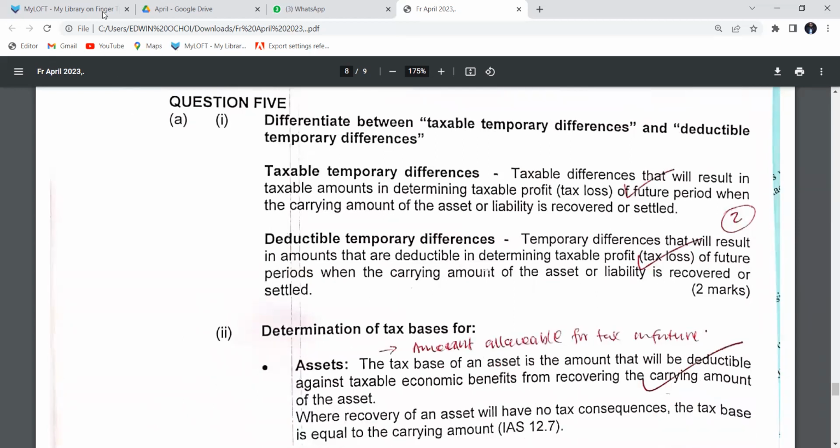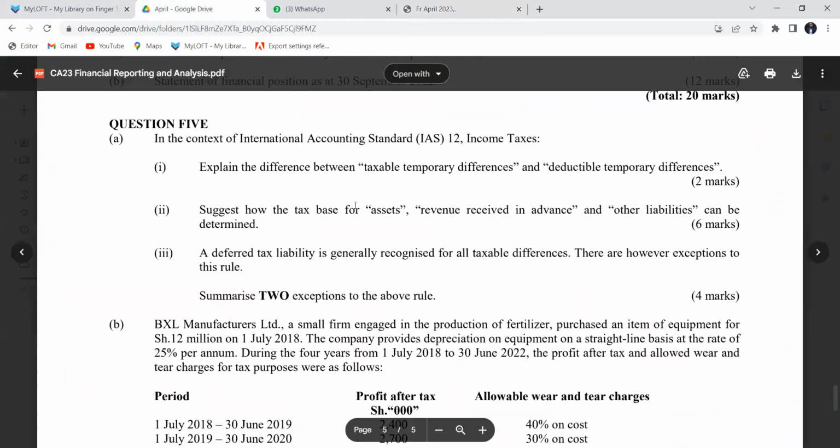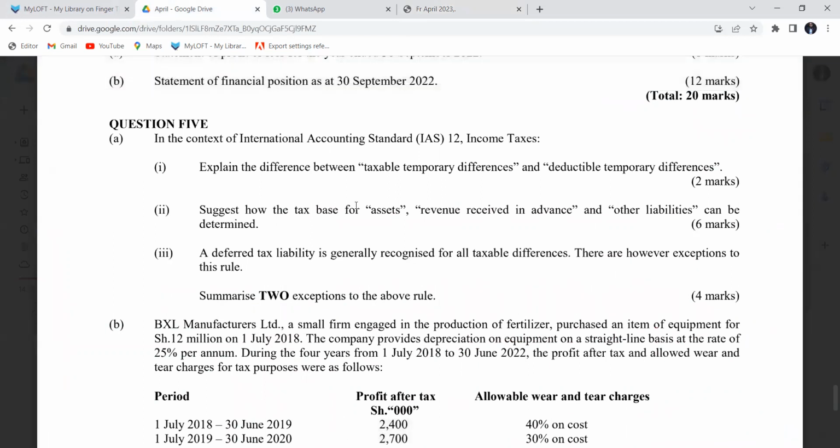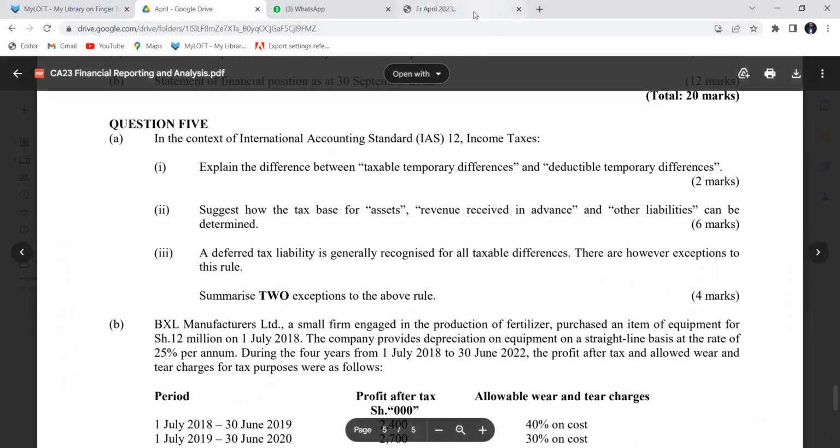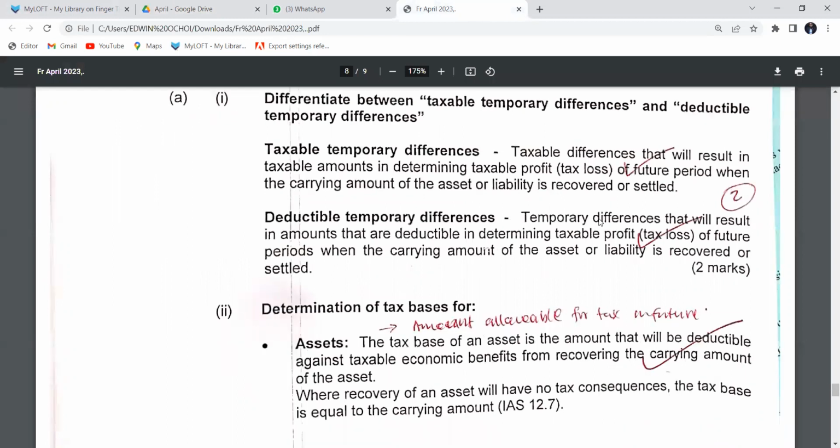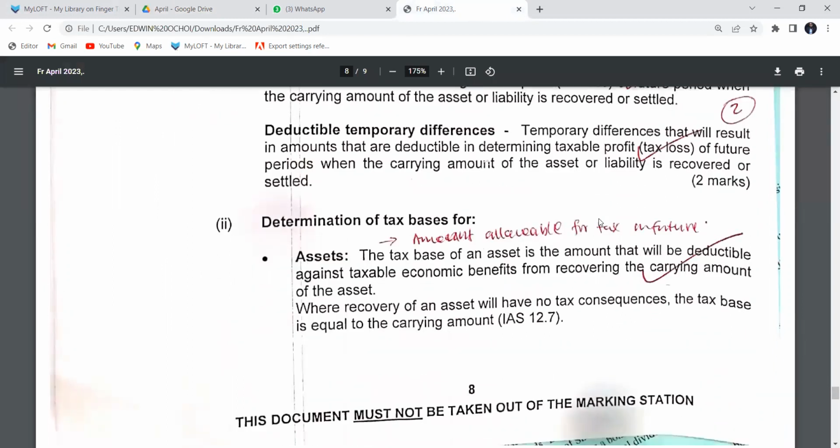So then they asked about what? The second one they asked: suggest how the tax base for assets, revenue received in advance and other liabilities can be determined. Also, this one is well explained under these answers. For the assets, the tax base of an asset is the amount that will be deductible against taxable economic benefit from recovering the carrying amount of the asset.